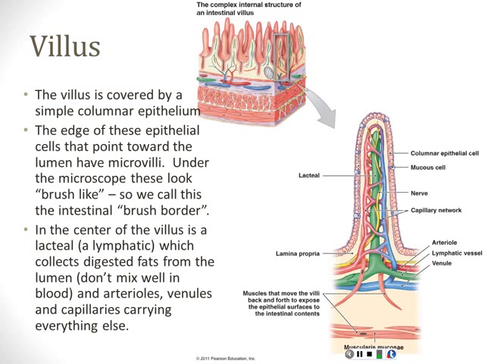And then the other important feature is at this brush border area: these cells have enzymes that stick out. And those enzymes complete the process of digestion. Like pepsin, for example, we talked about, turns big proteins into smaller proteins. There are other enzymes which take those pieces and make them smaller and smaller.